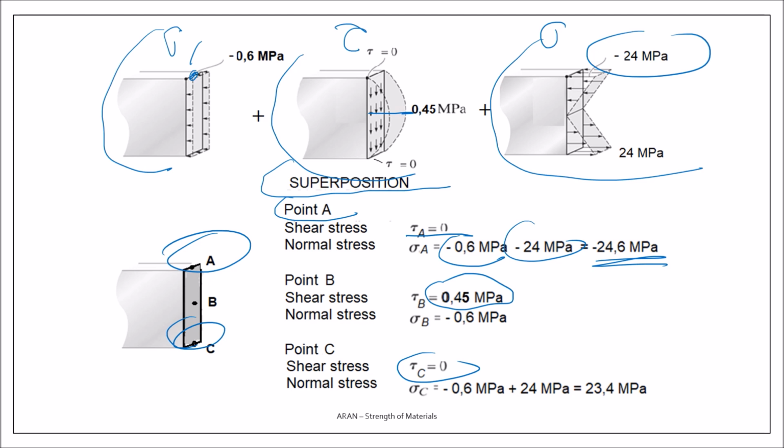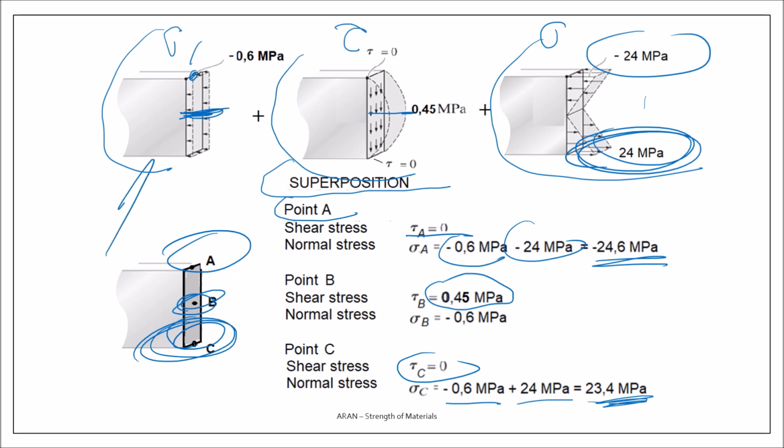For point C, excuse me, I have minus 0.6 plus 26. This time it's plus. So I have the superposed value. And for point B, you see, I have only this. Here, sigma is 0. So that is only minus 0.6.